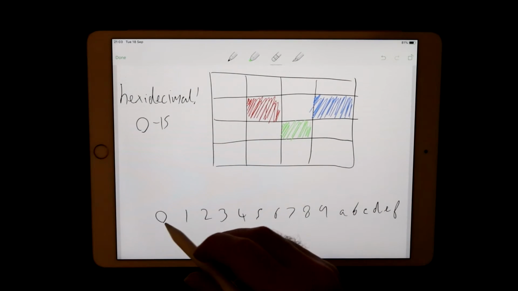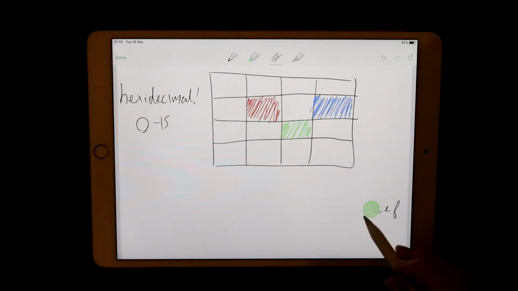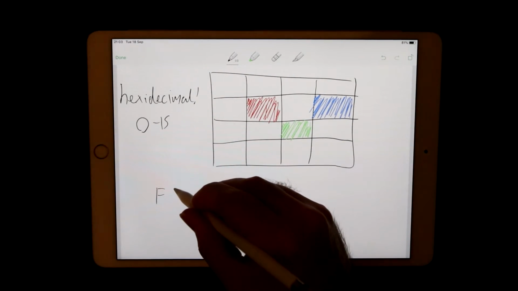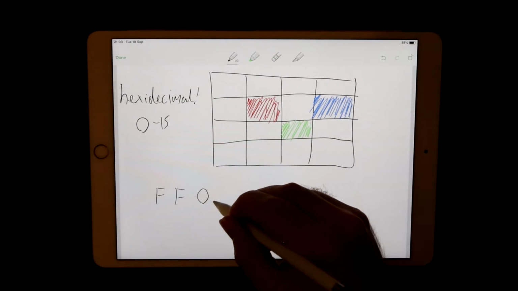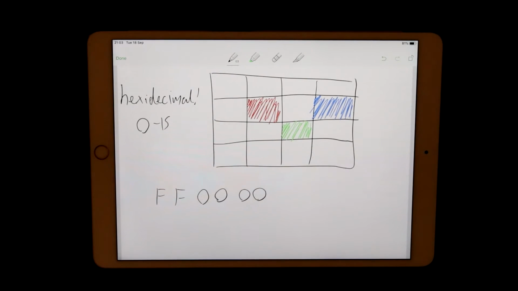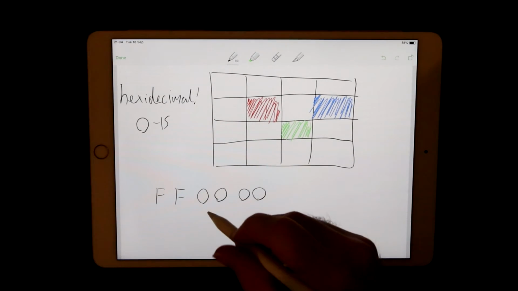So red ends up being FF0000, because 255 is represented by the highest possible value in 1 byte.